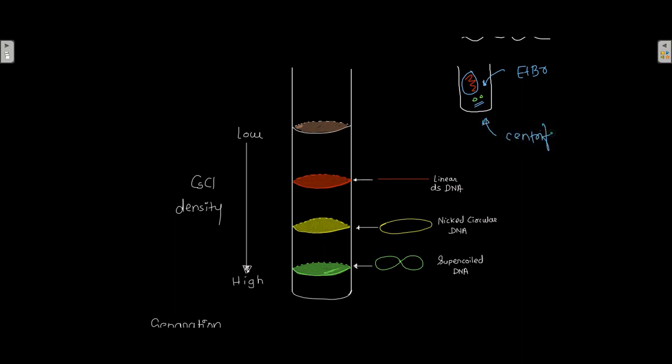After centrifugation, obviously the supercoiled DNA will be at the lowest position because it has more density than your linear double-stranded DNA or nicked circular DNA. So you can remove this part and then you can easily isolate your supercoiled DNA, and that's the whole point of doing this experiment.